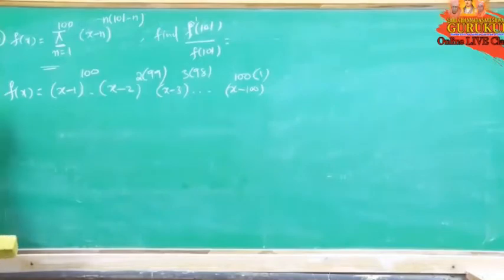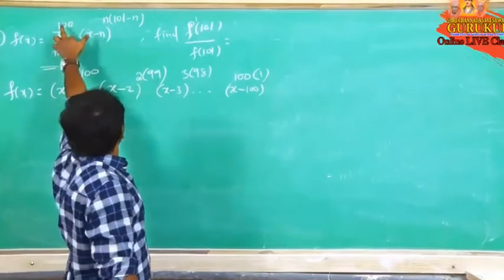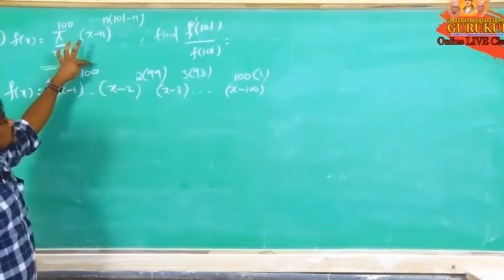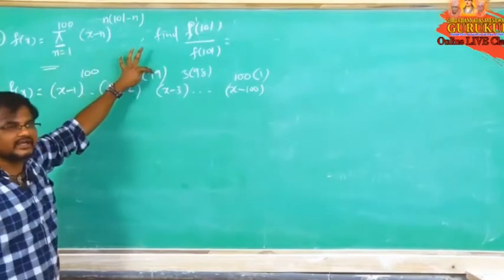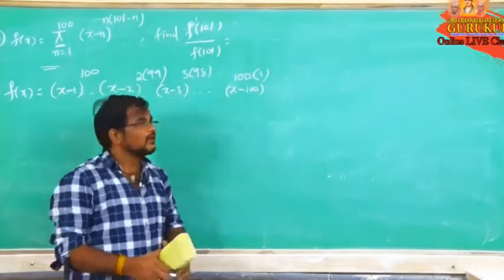Now once again see, n equal to 1, x minus 1, x minus 2, x minus 3, up to x minus n, and the powers 1 into 100, 2 into 99, 3 into 98, etc., 100 into 1.